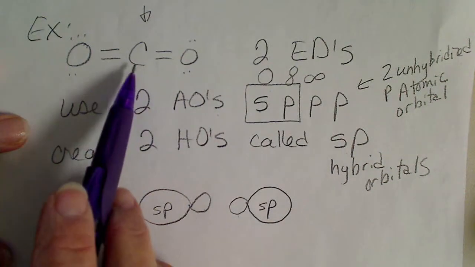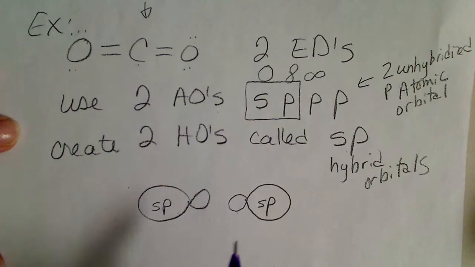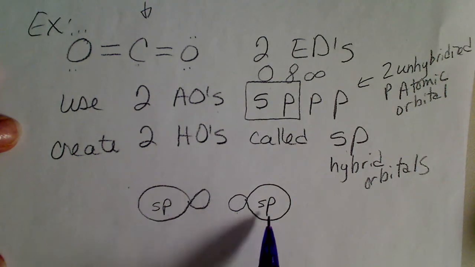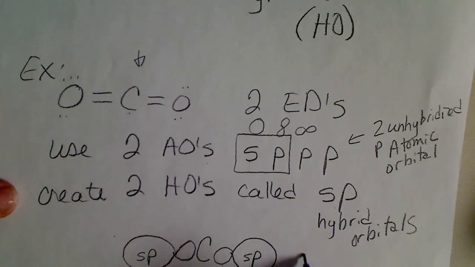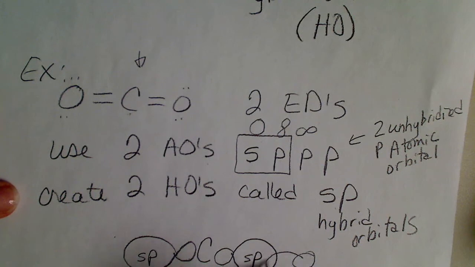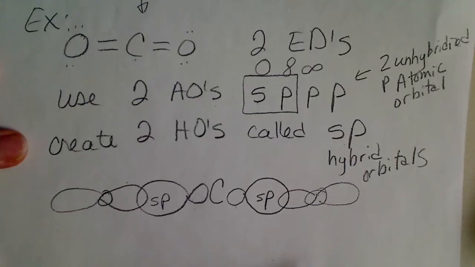So now we can say, well, carbon, the central atom, has two of these sp hybrid orbitals around it, and then that would explain the identical bond lengths that we see to oxygen. So I'm just going to kind of shade that in. That's an oxygen atom, and we might just put a p orbital around the outer atom.